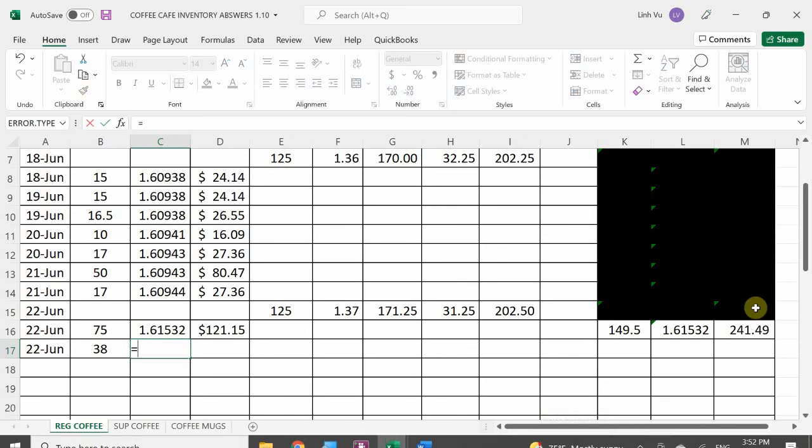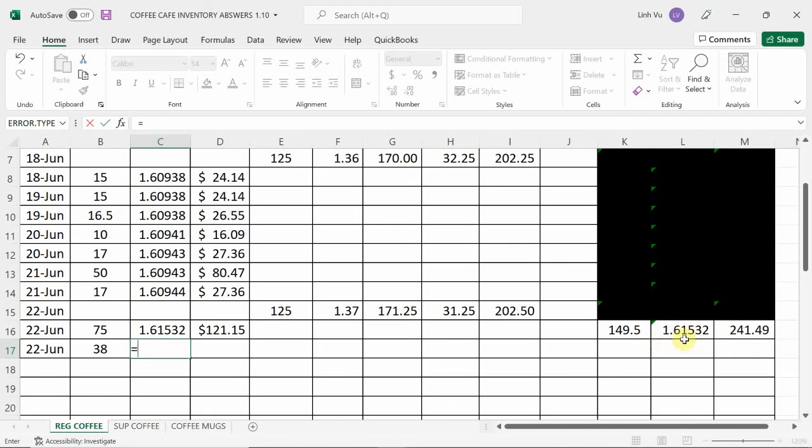Okay, so if we use 38 pounds, oh, I guess it figured it out for me. What's my total cost of goods sold for using 38 pounds at $1.61532?